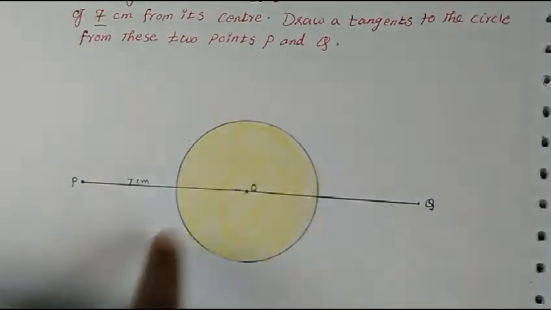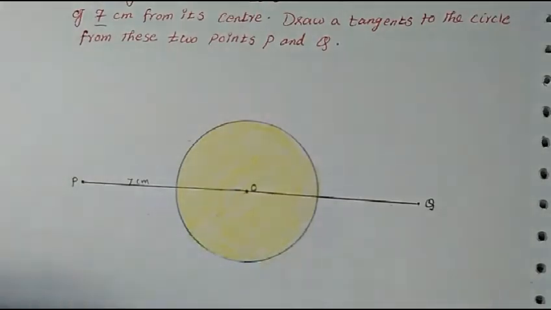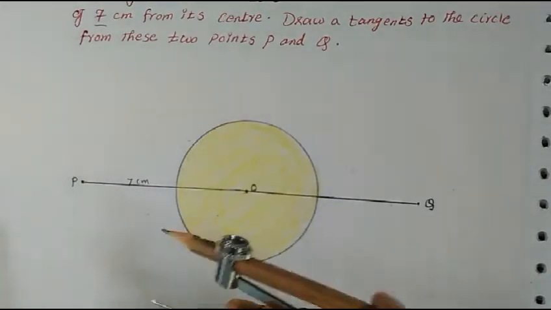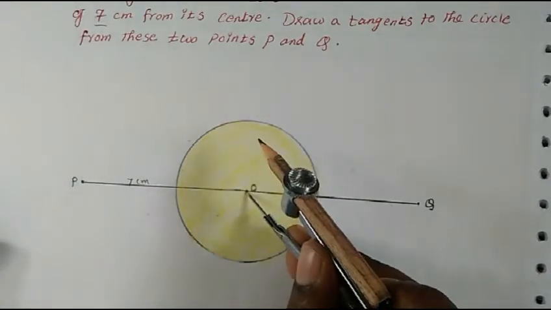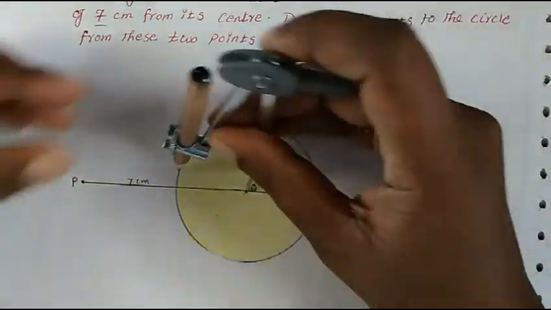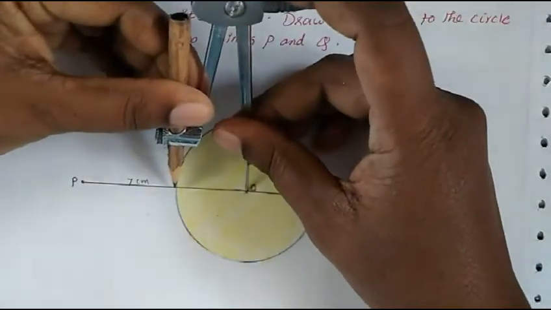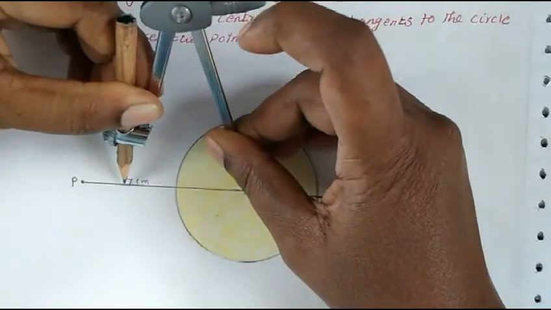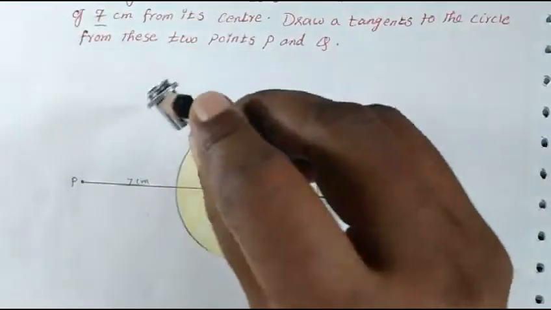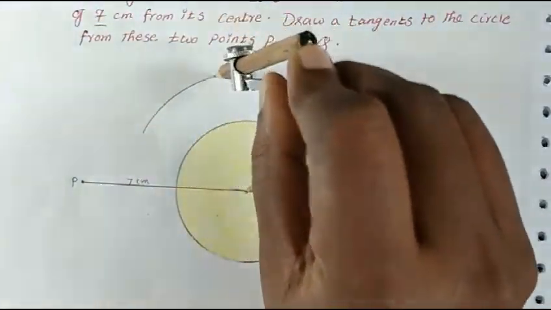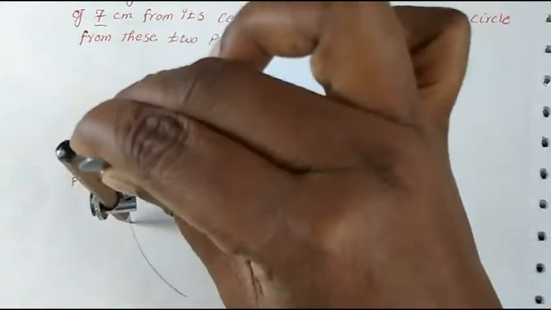So to draw a perpendicular for this side, we have to take more than half. So from the origin let's begin. So more than half measurement we have to take, and then draw the arc on both the sides.